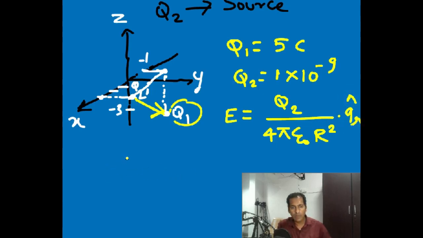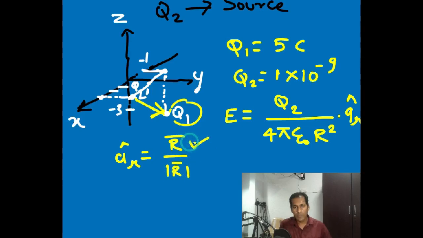So first let us calculate AR cap. AR cap we can find out by AR cap is equal to R bar divided by mod of R bar. So first we have to calculate R bar. What is the formula for R bar? R bar is equal to the destination point minus the source point.